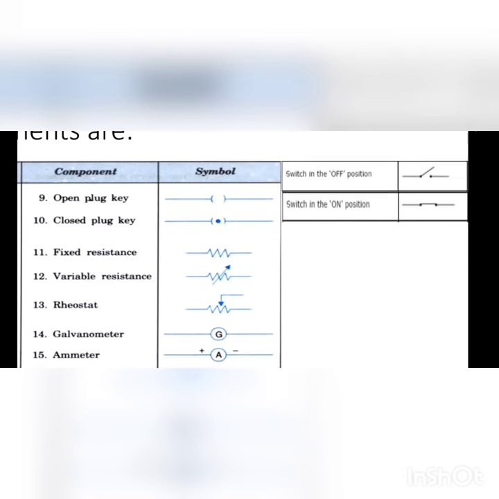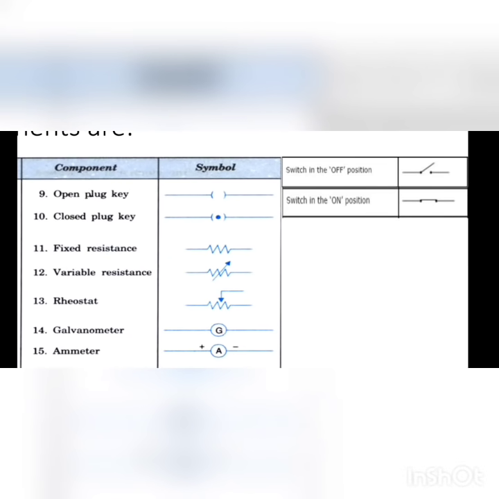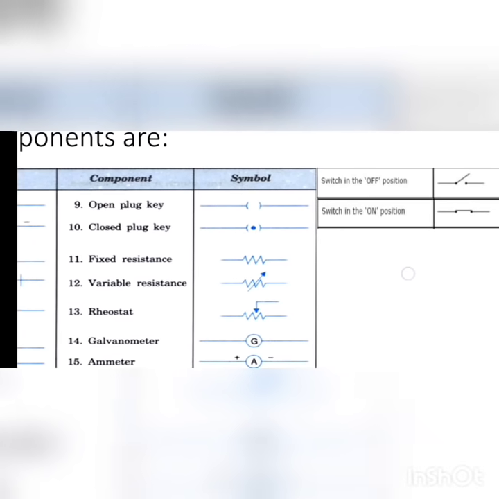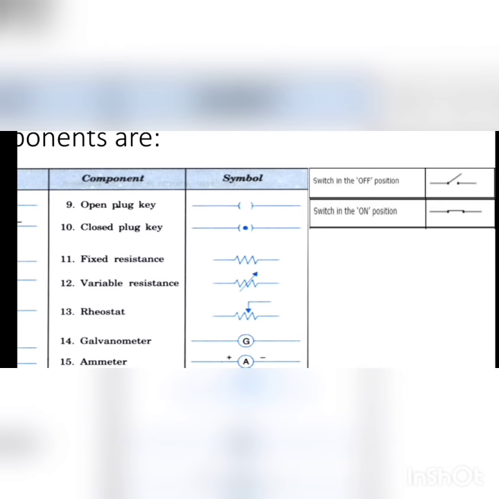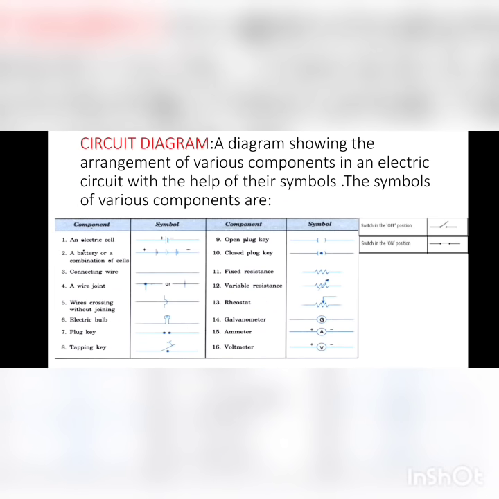One is in the off position and the other is in the on position. These are just like the switches you use at home. So these are the symbols you can use. We can either use a plug key or we can use switches. Right? I wanted to discuss these symbols with you, because from now onwards I'm going to use these symbols only, and you have to understand what I'm talking about.